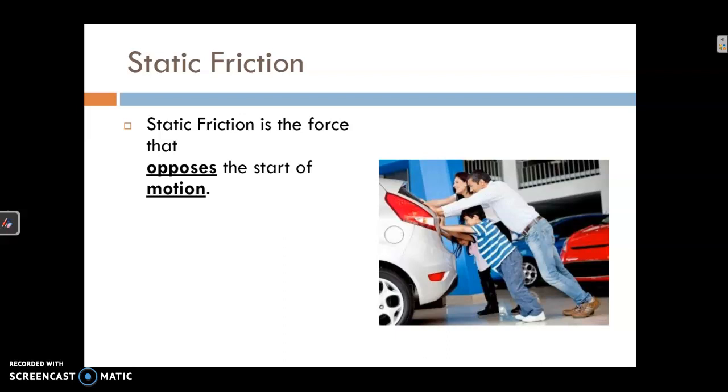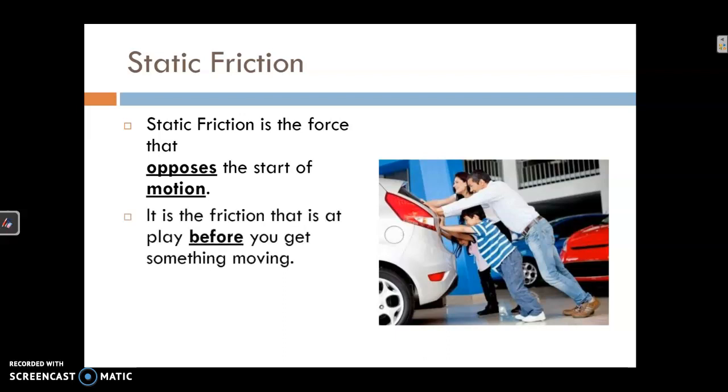Now, looking at this image, I'm sure we've probably all done this before, trying to test how strong we are. Can we start the motion of this vehicle? Well, in order to get this car moving, we need to apply a force that is greater than the static friction force that opposes that motion. So again, it's the friction that is at play before you get something moving.